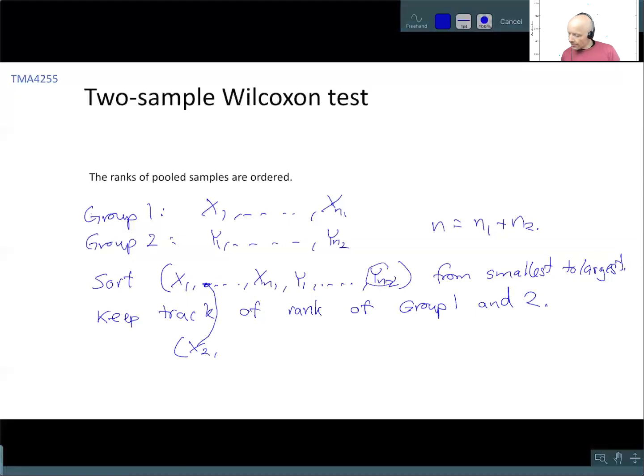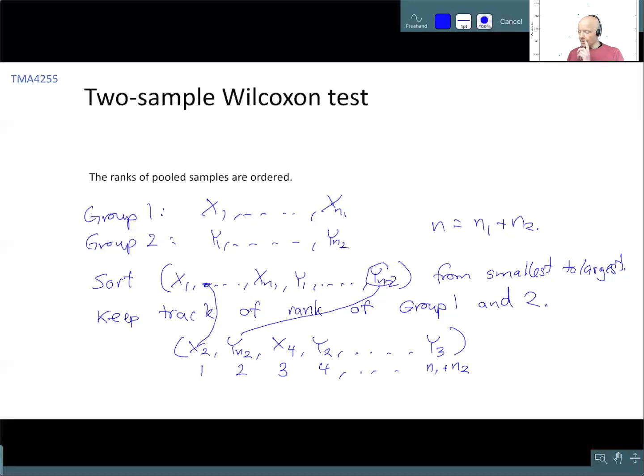Maybe then we get this one, so that's y1, and then we get x4, y2, and it continues, and the biggest is actually y3. So this is the order. This gets rank 1, this gets rank 2, this gets rank 3, rank 4, all the way up to this one, which gets the best rank, it's the highest.